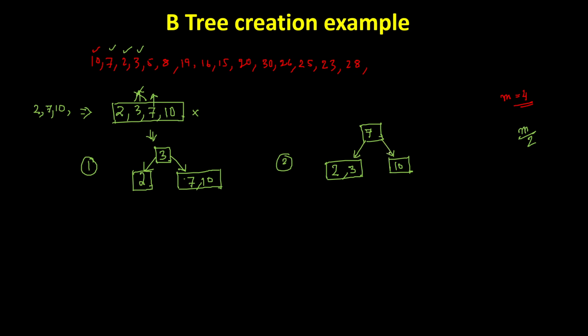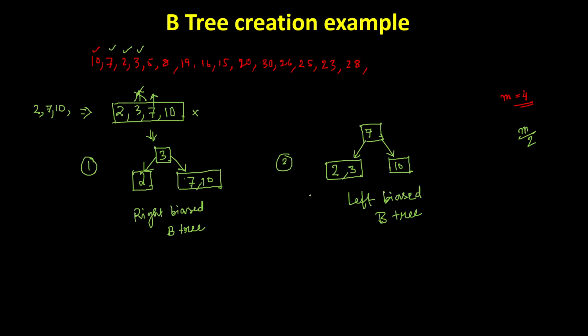In this one, you see the right side is much heavier than the left one, right? So this is what we call a right biased B tree, and this is what we call a left biased B tree. Because left biased means the left side is much heavier than the right one, due to this order value there is no other way.